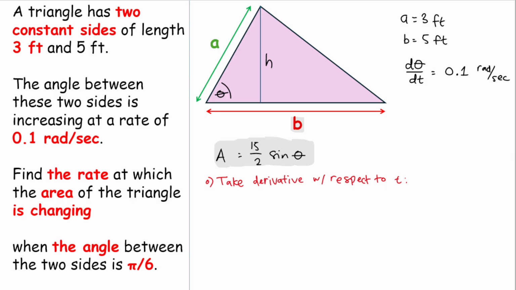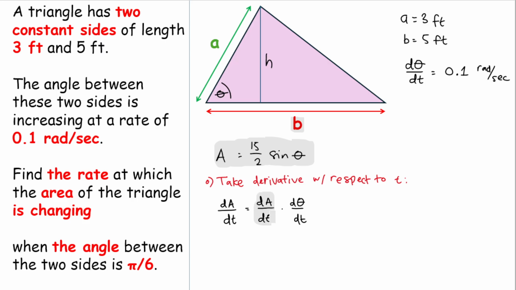Okay, so we will have on the left hand side dA dt. And on the right hand side, we only have theta. So let's differentiate A with respect to theta first. So dA over d theta, then multiplied by d theta over dt. And we know d theta over dt, right? It is given by the problem, and it is a constant, not a function. So that is not a problem.